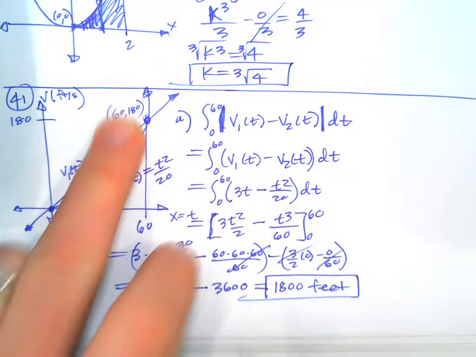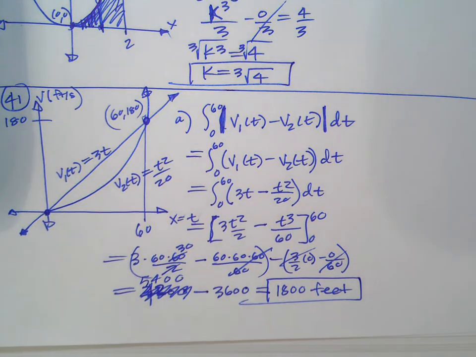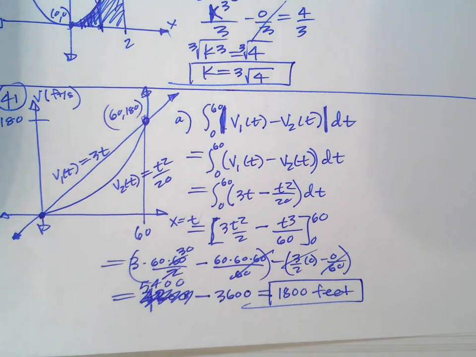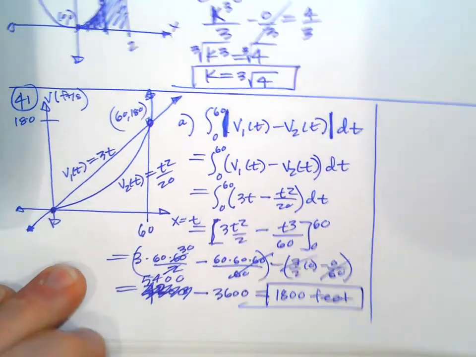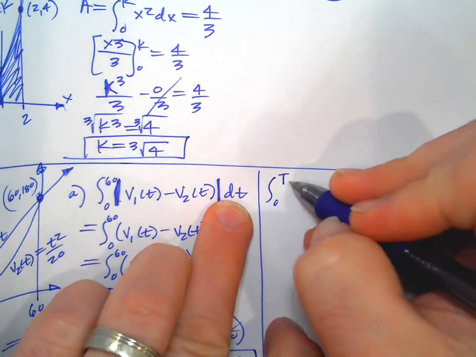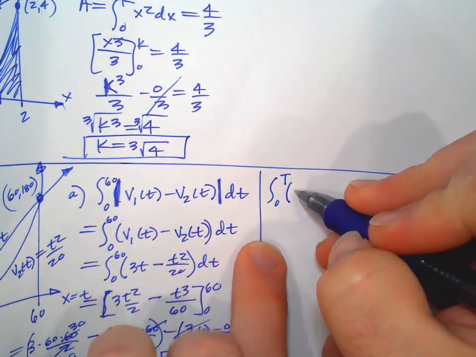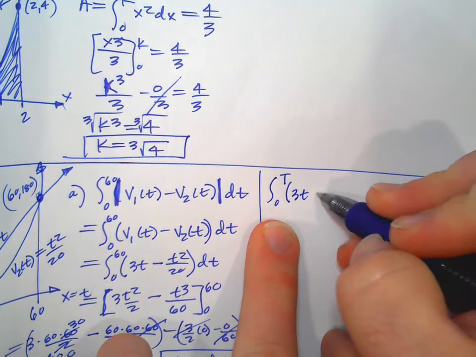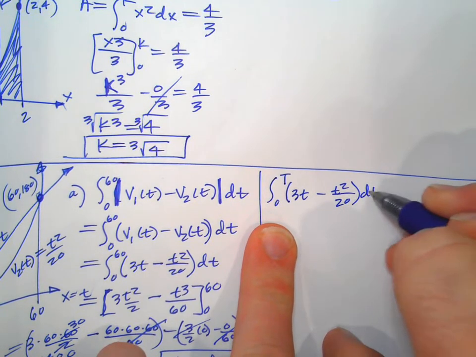Part B says how far apart are the cars after t seconds, where t is 0 to 60. Well, it's the same idea, right? We're going to go 0 to t, and t is between 0 and 60, so we know that the top one is always v1, the bottom one is always v2, so we don't have to worry about the absolute values.